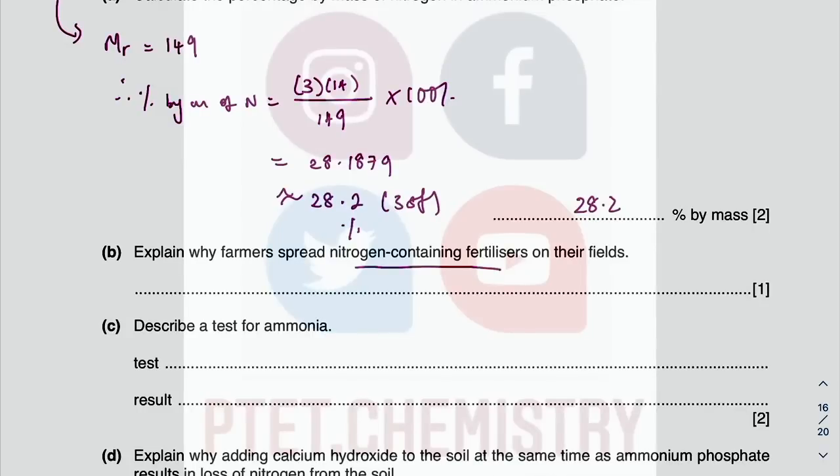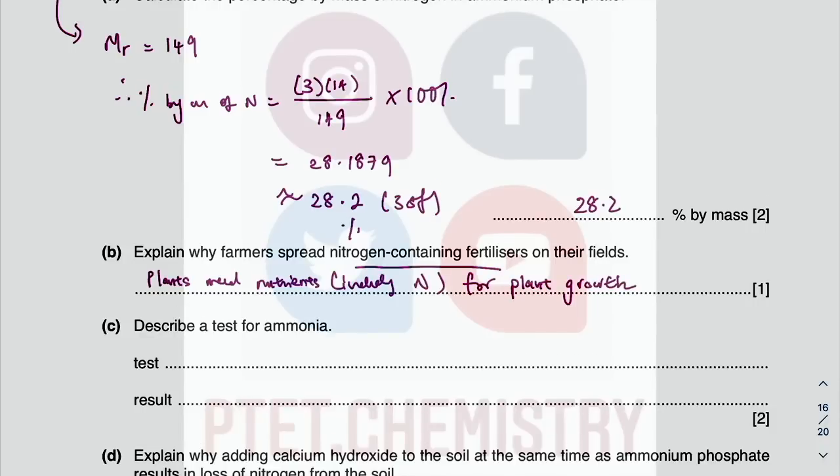Well, your plants need nutrients, including nitrogen. Okay, so the nitrogen is among the NPK, the nitrogen, phosphorus, and potassium, for plant growth. So obviously you use fertilizer to improve the yield of your crops.